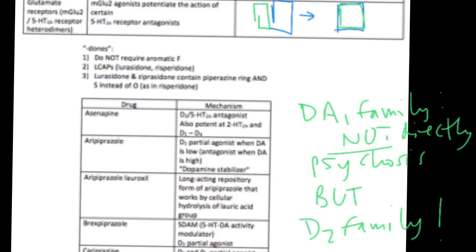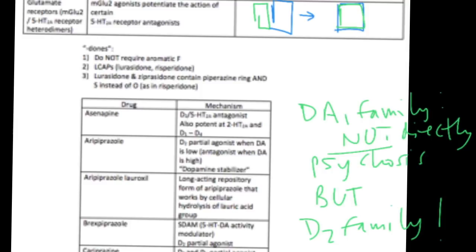Remember, referring back to earlier in the video, the long-acting repository piperazines, which have that ester group that is hydrolyzed to form the long-acting form, for increased patient compliance. This also works by hydrolysis, but through a different group, the lauric acid group. So ester groups are hydrolyzed to OH.